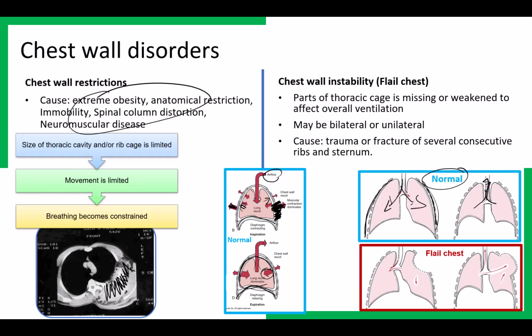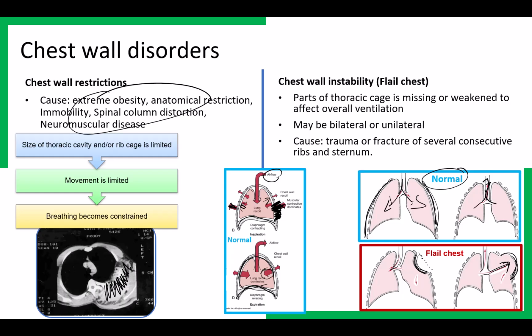In flail chests, what happens is part of that thoracic cage is missing, right? And so basically when you breathe in, this part of the lungs with the missing thoracic cage gets sort of indented. But then when we breathe out, that bulges out, right?